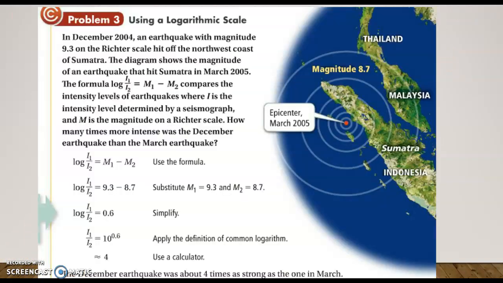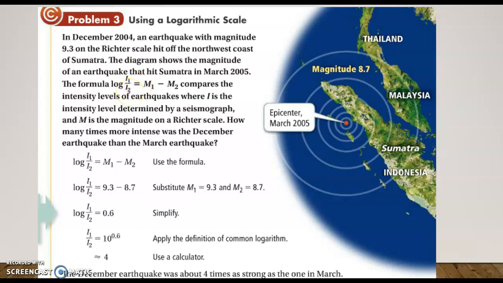And then we had gone through here. So this is a brand new start. In December 2004, an earthquake with magnitude 9.3 on the Richter scale hit off the northwest coast of Sumatra. The diagram shows the magnitude of the earthquake in March 2005. The formula is log of intensity 1 of the first one over intensity of the second one.